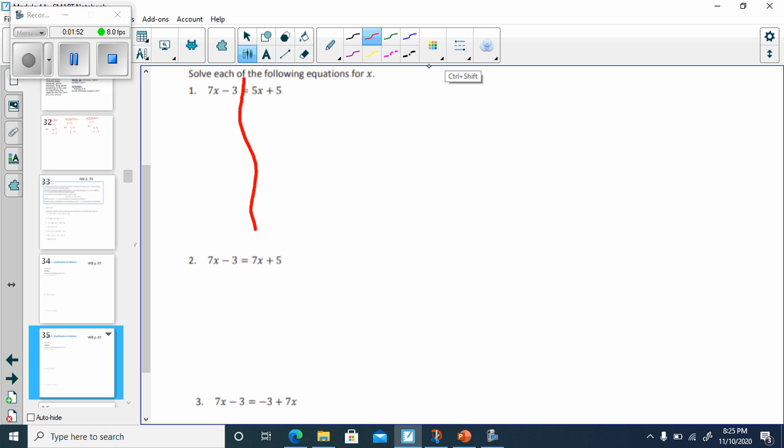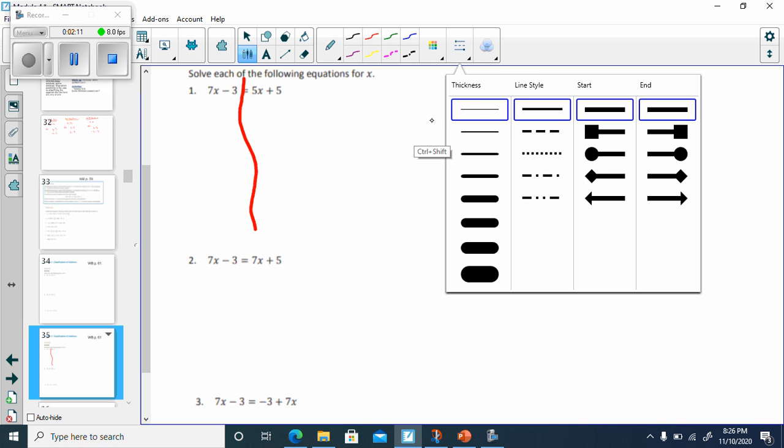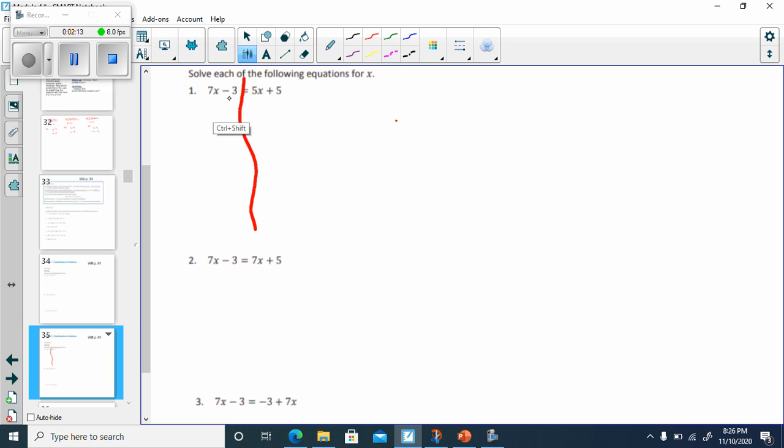We start out by solving this equation. Let's try to bring all the variables onto one side.